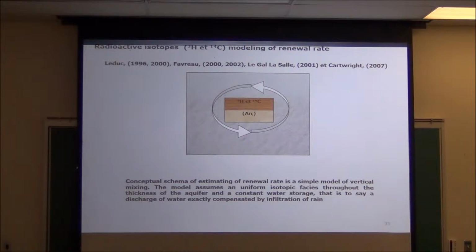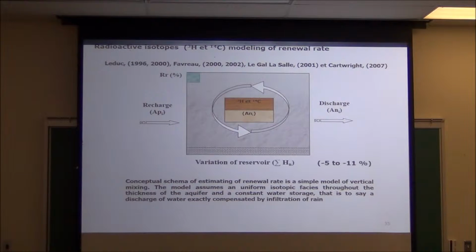The model assumes a uniform isotopic phase through the thickness of the aquifer. For El Hawariya, we have about 30 meters of aquifer thickness and a constant water storage. That means that the discharge of the water is exactly compensated by the recharge to estimate this renewal rate.